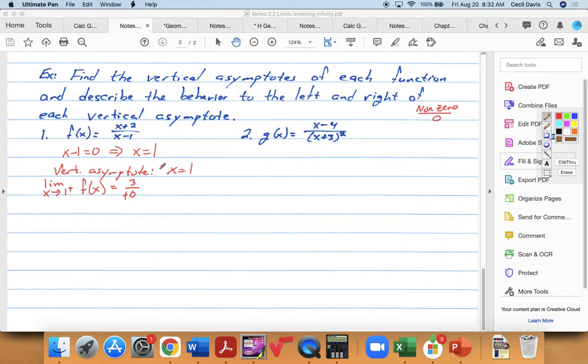So I've got 3 over some positive, really tiny number. What's that going to move towards? Infinity, yeah. So you really don't want to write that it's equal to this because technically that's just not true. But it does go to infinity.